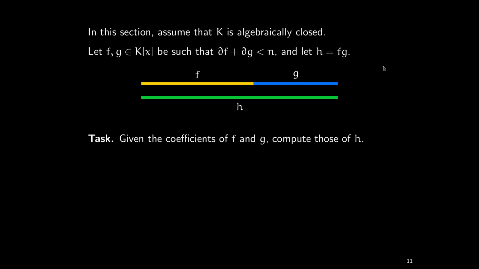And the task is the same as last time. Given the coefficients of f and the coefficients of g, compute the coefficients of h. And I pointed out already last time that when I say given a polynomial or compute a polynomial, then I always mean given the coefficients or compute the coefficients.